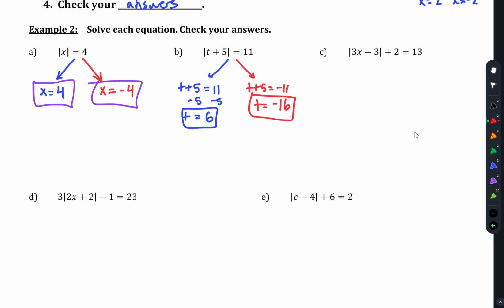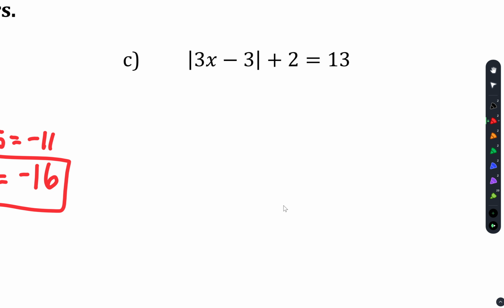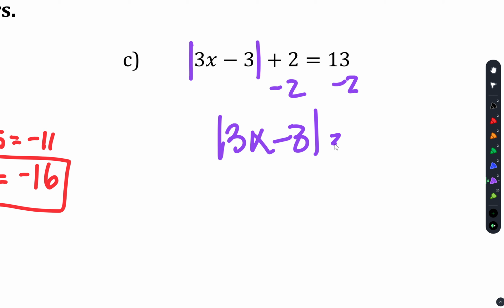Okay, let's keep going. Here's letter C. What do I have to do first here? I got a minus 2. I have to get these by themselves. So I have to isolate these absolute value symbols. To do that, I'm subtracting 2 from both sides. The absolute value of 3x minus 3 equals 11 now.